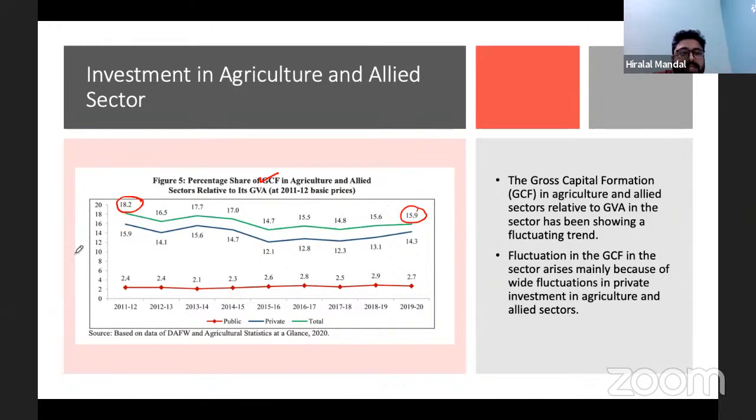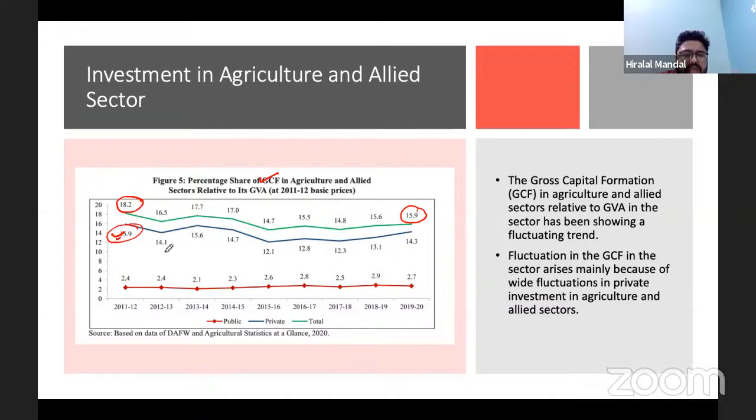Look at the private sector investment. Here, you can see 15.9% in 2011-12, because during that time there was a lot of discussion regarding e-commerce, so Reliance and other companies started coming into the agriculture sector, resulting in higher investment.